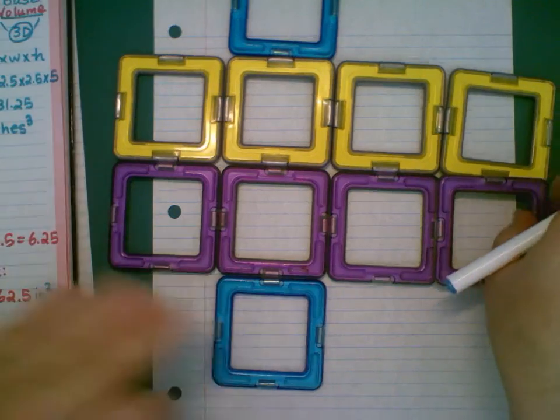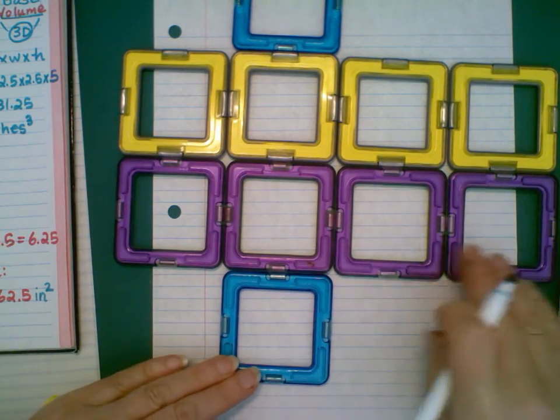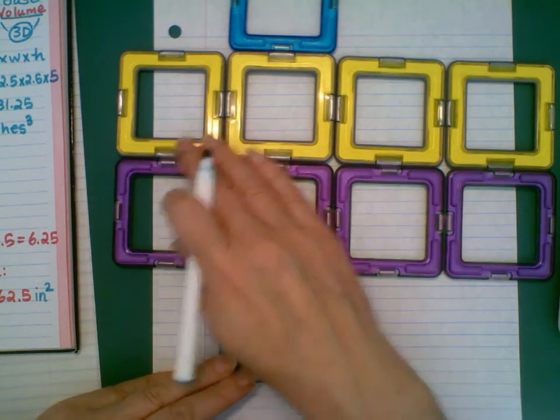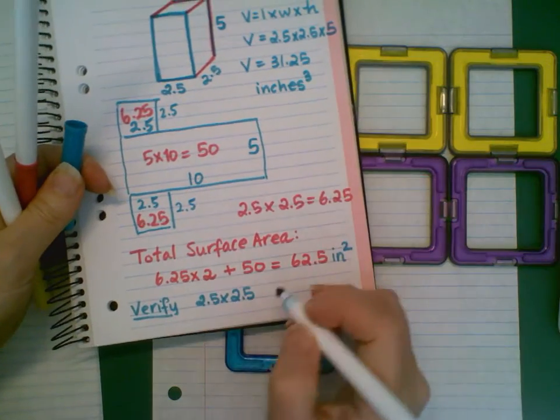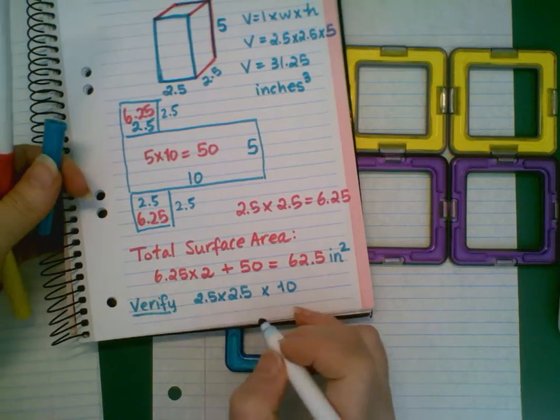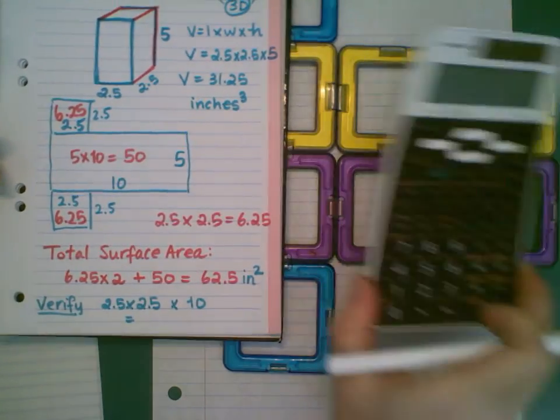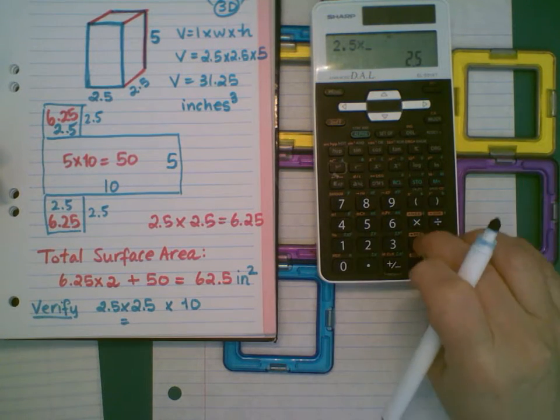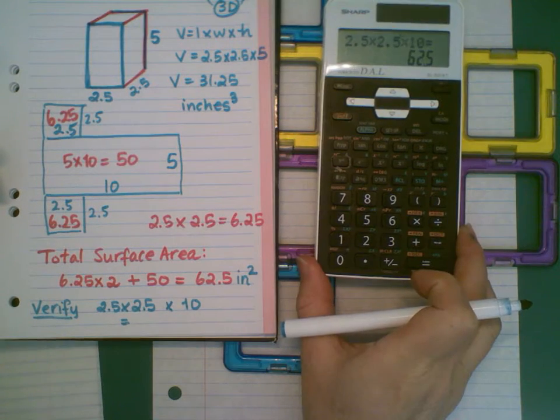And then how many of those little squares did I need to make this entire net? Well, I needed 8 here, 4 and 4 is 8, 9, 10. So I need this number times 10. And if I verify that, 2.5 times 2.5 times 10, look at that, it's the same number, 62.5.